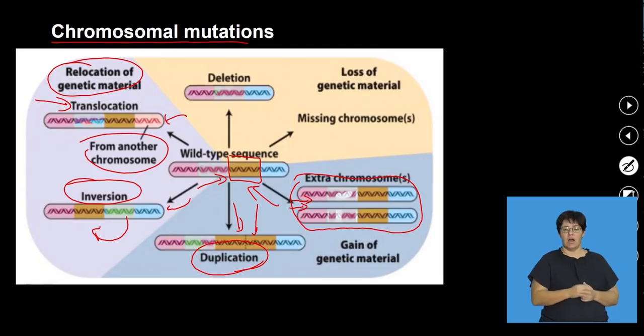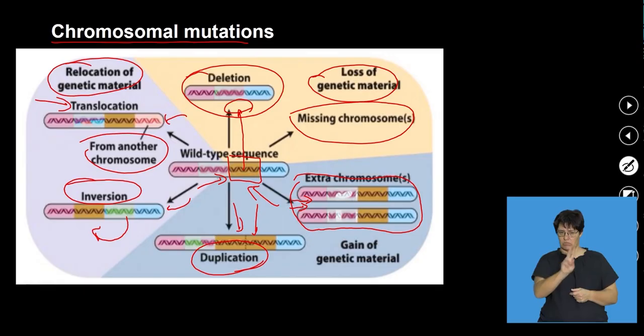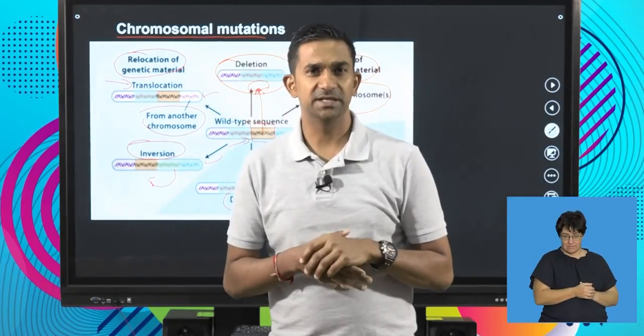Or we could see that there is a loss of genetic material where an entire chromosome has not separated, and you end up with a gamete that misses or lacks a specific chromosome. We also know that there could be a deletion of a segment of a chromosome, which we see absent in this specific chromosome. So guys, we've spent some time looking at the process of how chromosomal mutations take place.